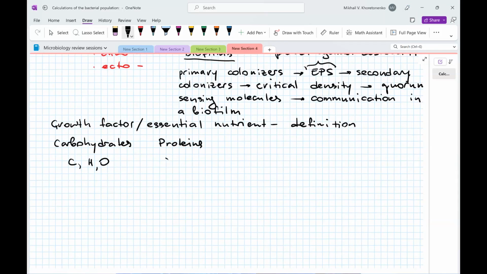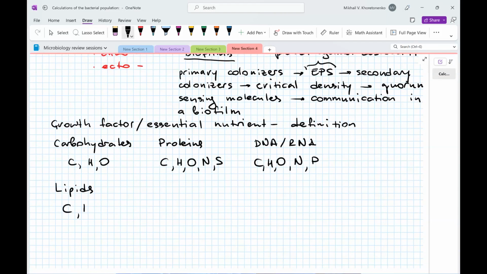Proteins: carbon, hydrogen, oxygen, nitrogen, sulfur. DNA, RNA: carbon, hydrogen, oxygen, nitrogen, phosphorus. Lipids: carbon, hydrogen, oxygen.